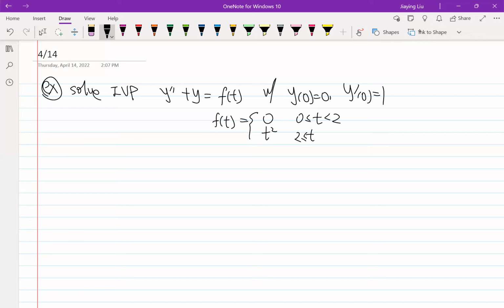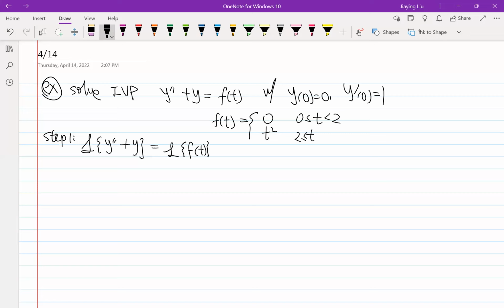So the first step, step 1, we're just going to find the Laplace transform of the differential equation. So that would be the Laplace transform of y double prime plus y, and then the right-hand side is going to be the Laplace transform of f of t.